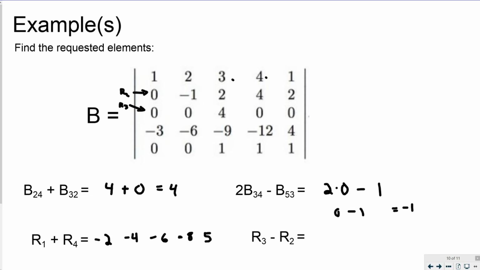So I'm going to take away all of these. 0 minus 0 gives me a first element of 0. 0 take away -1 is +1. 4 take away 2 is 2. 0 take away 4 is -4. And 0 take away 2 is 2. So the new row that I have is 0, 1, 2, -4, and 2.